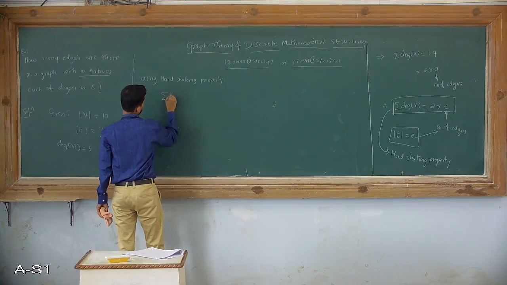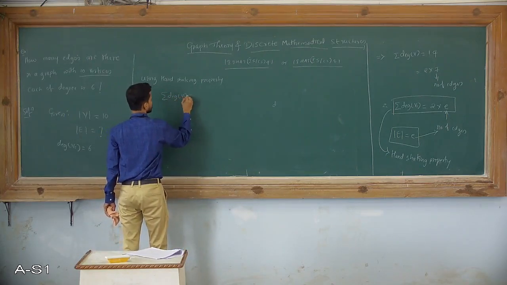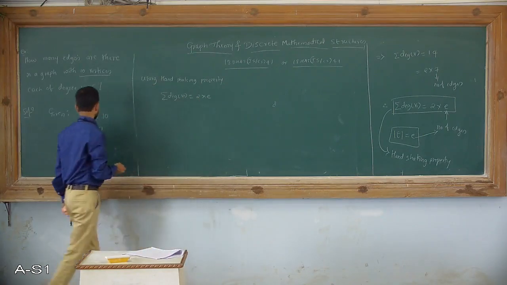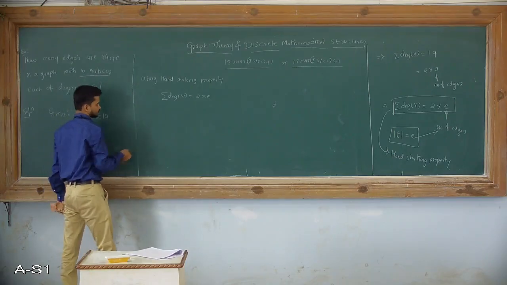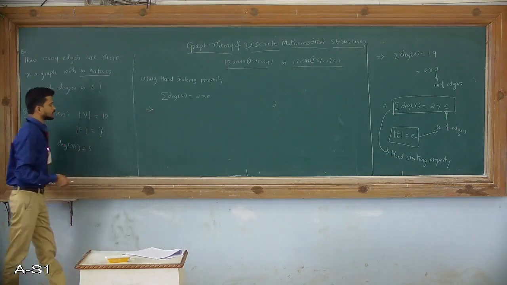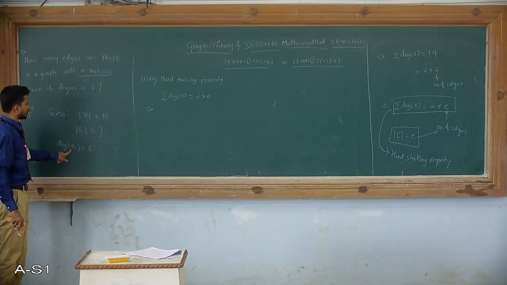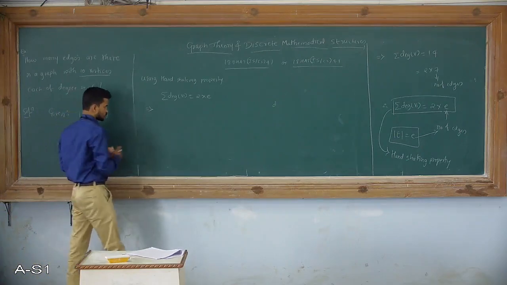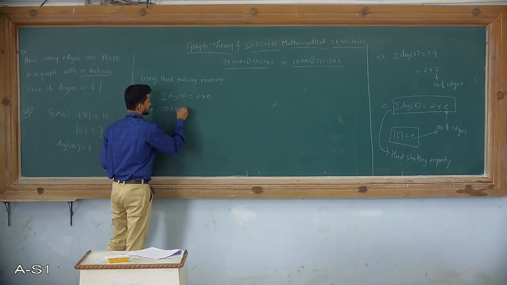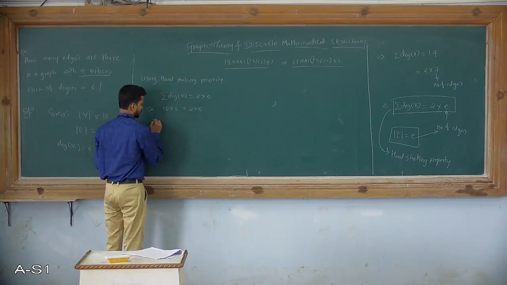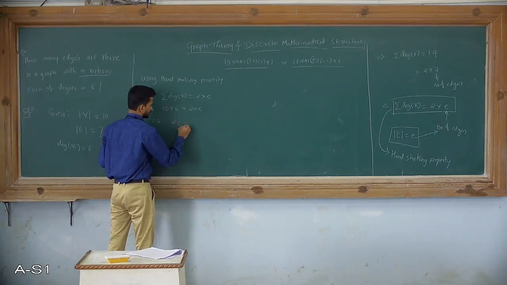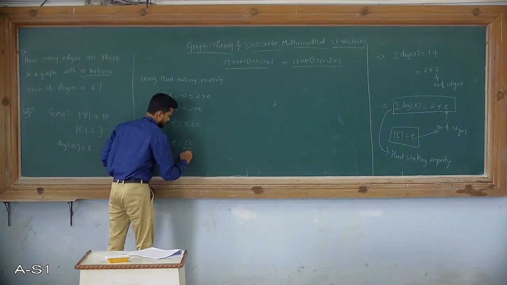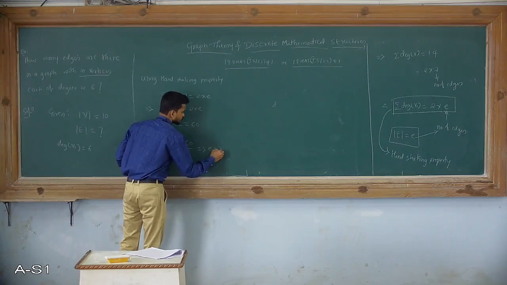The sum of degree of each vertex is equal to 2 times E. Here E needs to be determined. So the sum of degree of each vertex: how many vertices are there? 10. Each has degree 6. So it is 10 times 6, which is equal to 2 times E. So 2E is equal to 60, which implies E is equal to 60 divided by 2, so E is equal to 30.